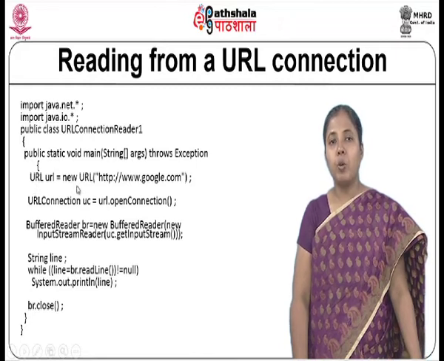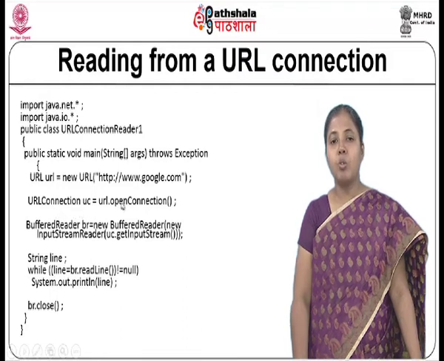Now, first step you create a URL object. The second step you create a URL connection object using the open connection method of the URL class. So, use the URL object dot open connection that returns a URL connection object. Now, use this URL connection object dot get input stream.